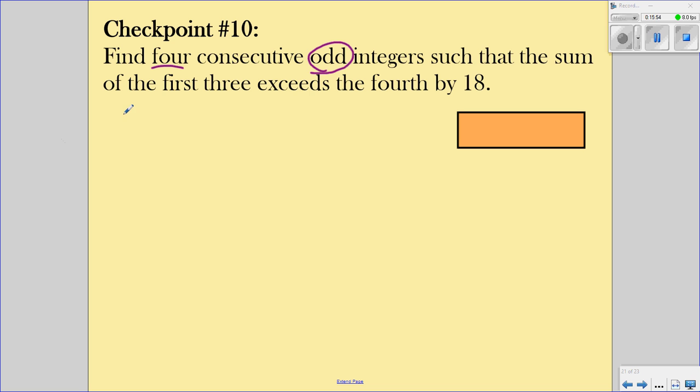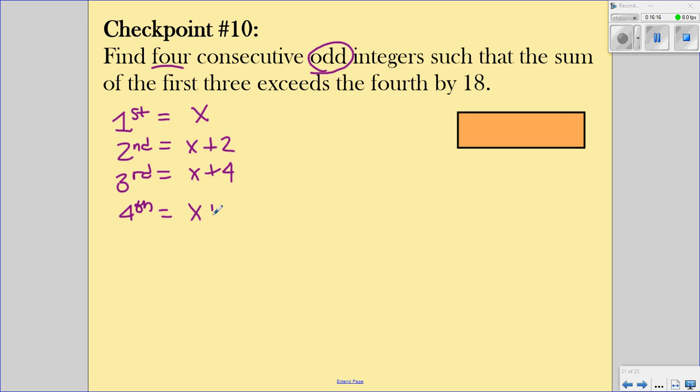Let's do our let statement. So consecutive odd, so it's x, not x plus 1, x plus 3, x plus 5, it's x plus 2, x plus 4, x plus 6.